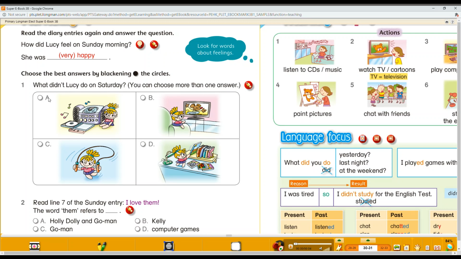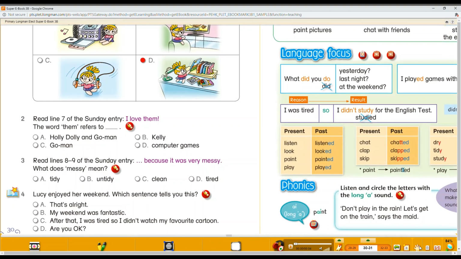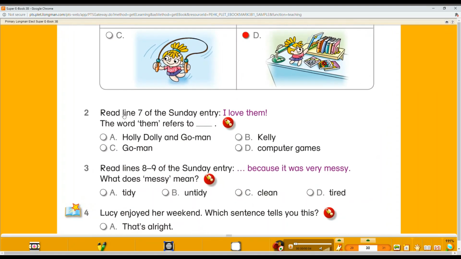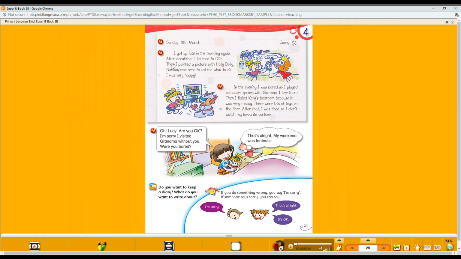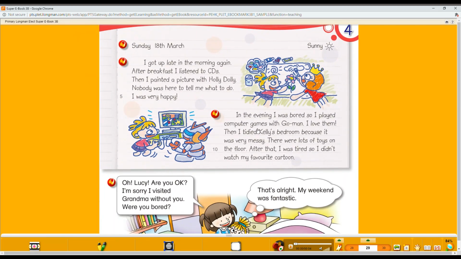Answer should be A and D. Understand? Next one. Read line 7 of the Sunday entry. I love them. The word them refers to. So let's check Sunday entry. Line 7. I love them.